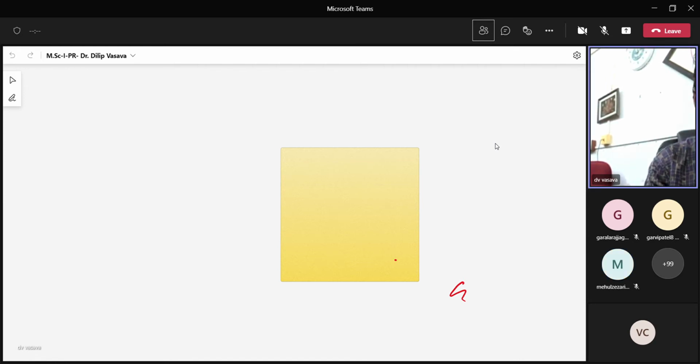Can everyone say yes? Good. So this is the aniline, and it is required to prepare the acetanilide.